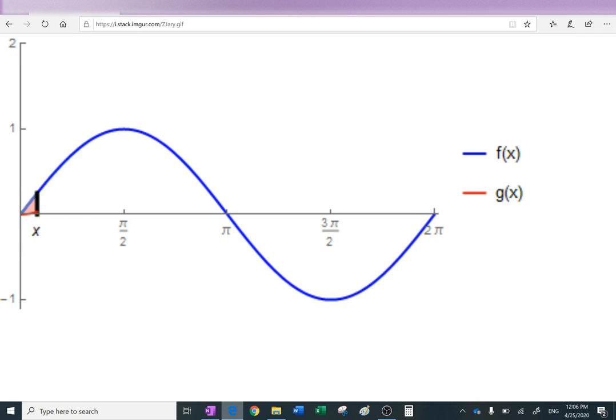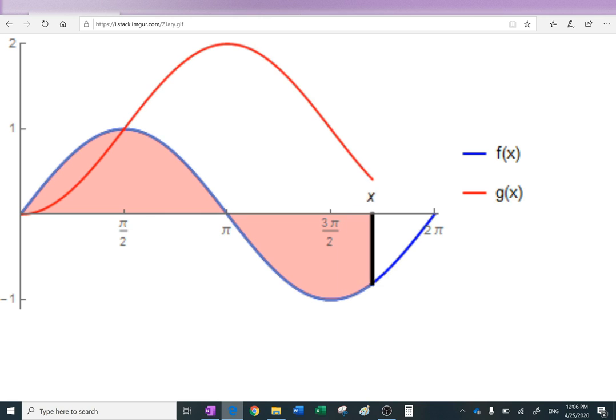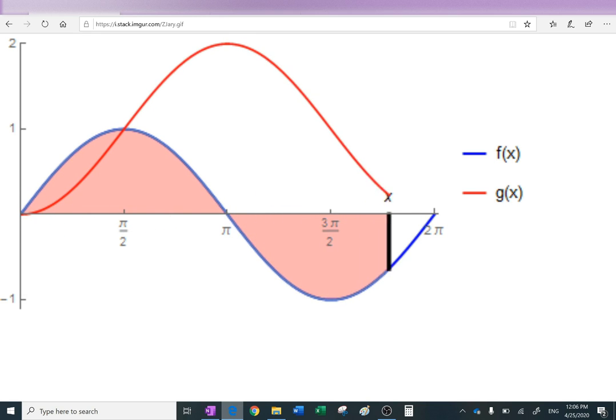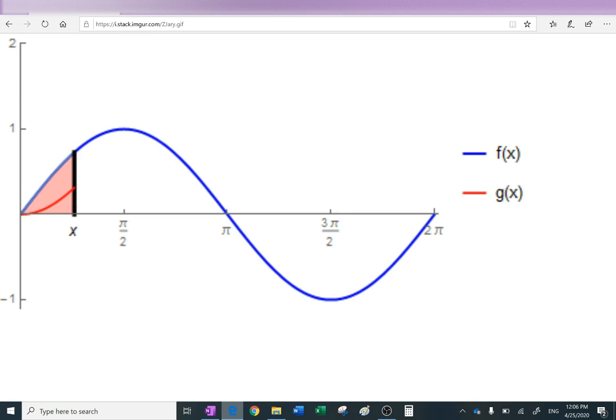Then it will give me the original graph, the original function at that upper limit. And as you can see in red, since now area is not a number, it's not 5 or 10, it's a function like we had in that example, then that function can be increasing, decreasing, has its maximum, has its minimum, concave up, concave down, and that's the most awesome idea you can think about.